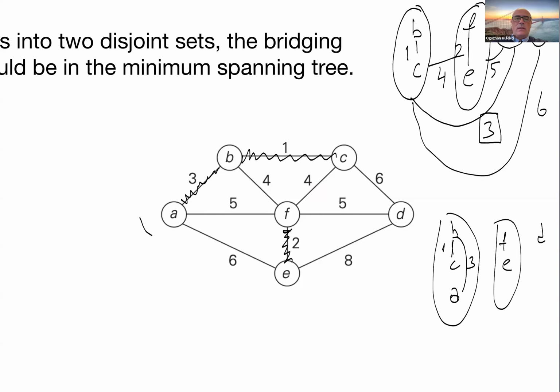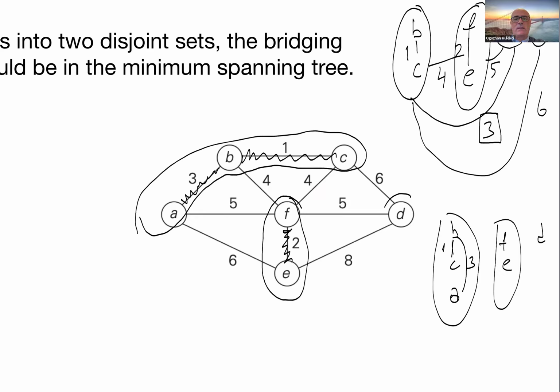Now, A, B, C is a set, F and E is a set, and there is D. So what are the connections between these guys? ABC is connected to FE with these connections, and the minimum one is 4. And FE is connected with D with this minimal connection, and ABC is connected with D with this minimal connection. Among these ones, 4 is the least, so that is why I will choose this 4.